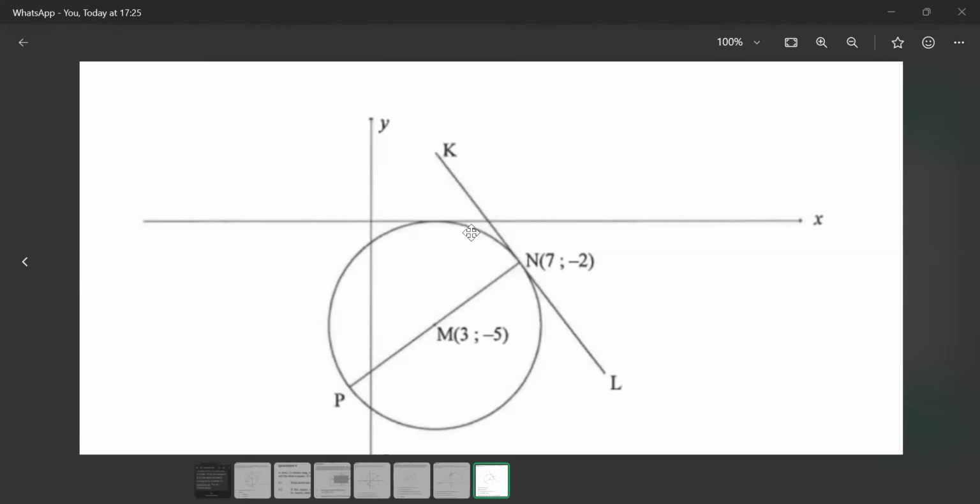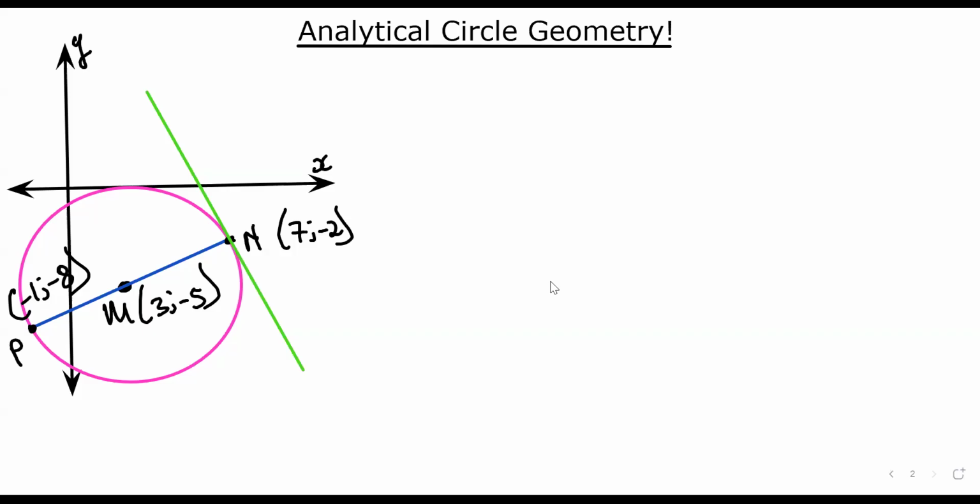So how do we begin? Well, by finding the gradient of the radius, mn. Or you can find the gradient of mp, or you can find the gradient of the diameter itself, which is pn. So it's up to you which one you choose. So let's find the gradient of mn.